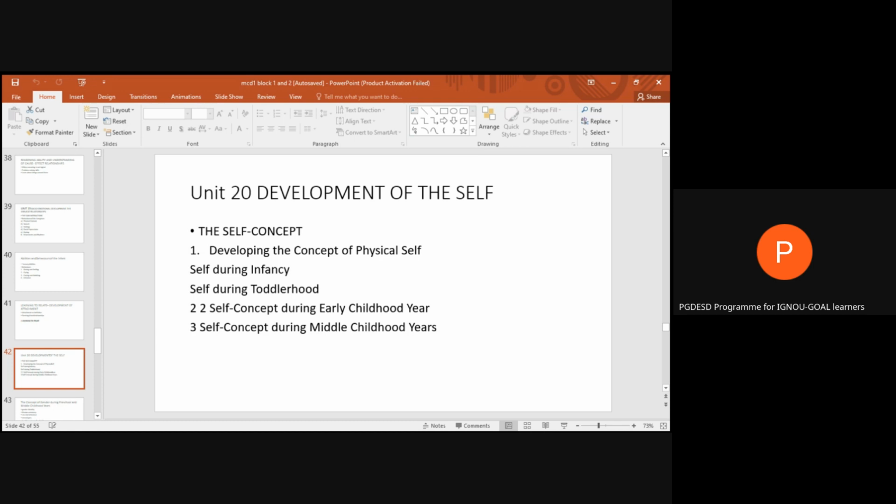She begins to use pronouns like I, you, and mine, which shows that they are distinguishing between themselves and other people. Sentences like my toy, I do it, I play it, no, no, no, eat my chair.